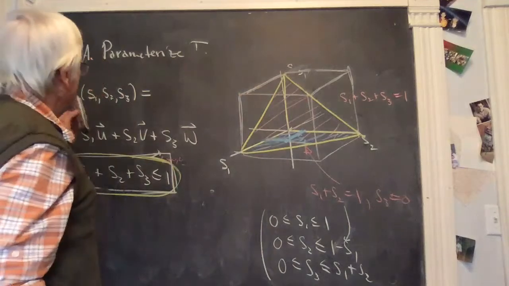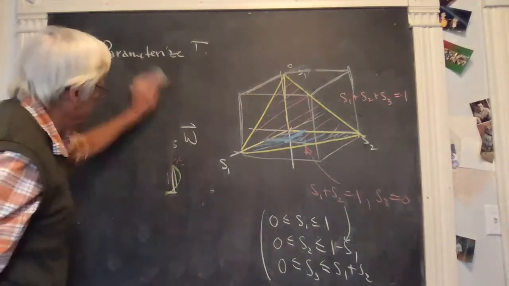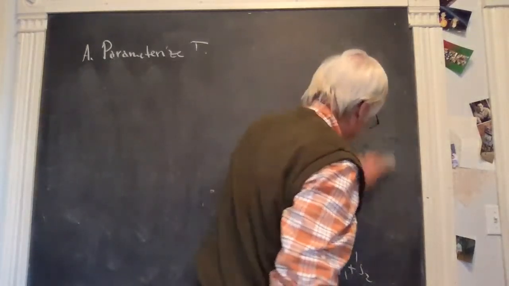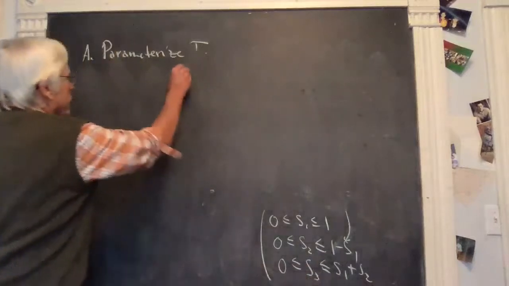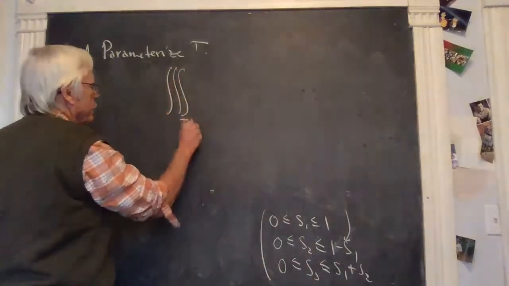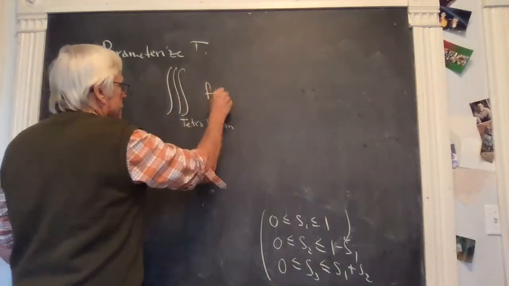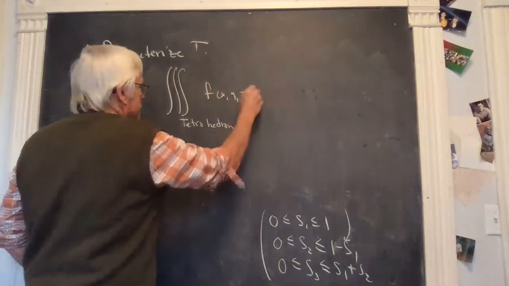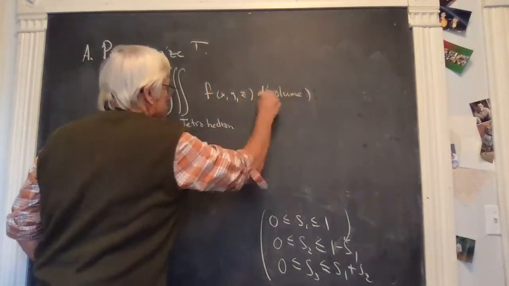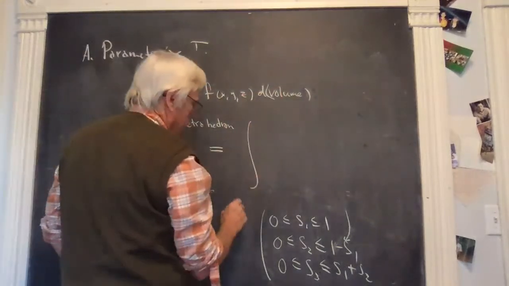Now, if I can write the whole thing down. So the triple integral of f over any tetrahedron is equal to the integral.